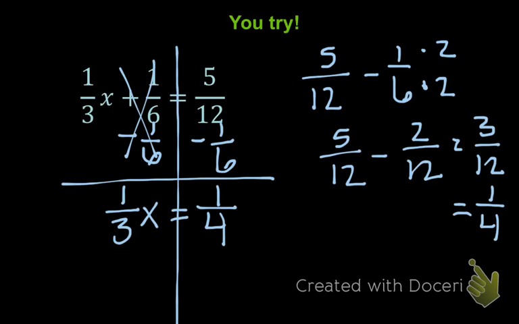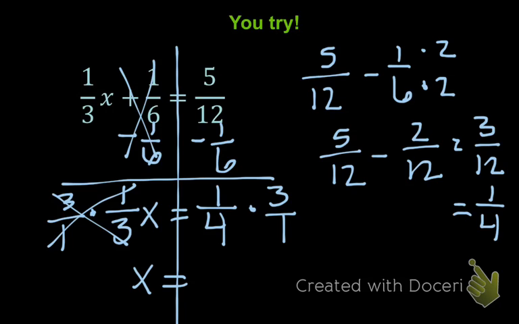So now I have 1/3 x equals 1/4. Now I need to get rid of that 1/3, so I need to multiply by my reciprocal of 3 over 1 on both sides. Don't forget, what you do to one side, you must do on the other. So you get x equals 3 over 4.